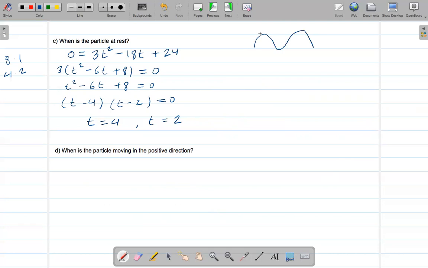Maybe it's a ball bouncing 2-3 times, something like this. That's why we got 2 values of time where the particle is at rest. So at this point it's at rest, or at this point, something like that. It's not an exact picture, but it's something like that.